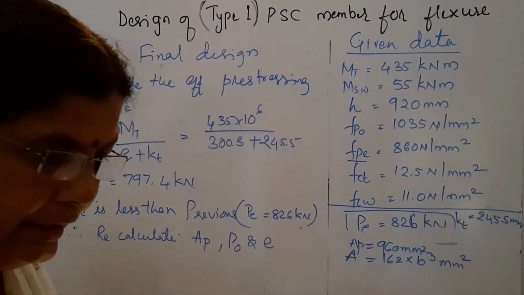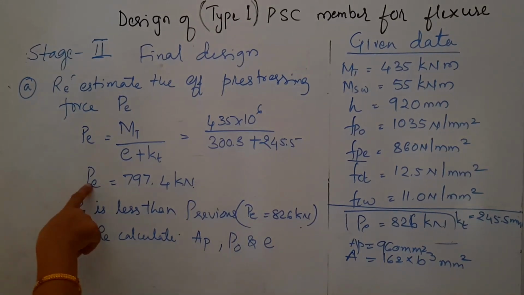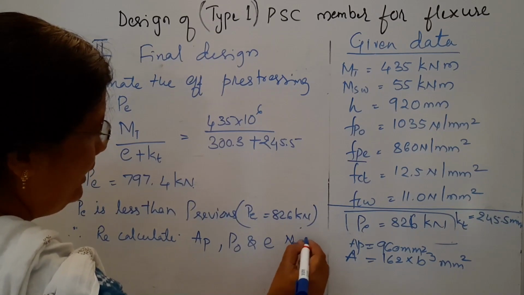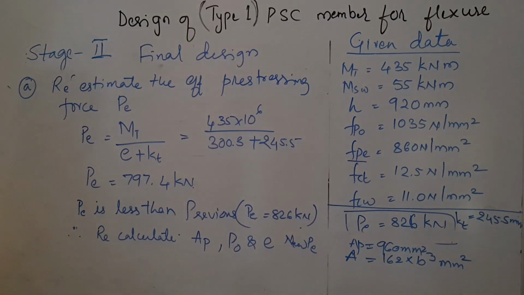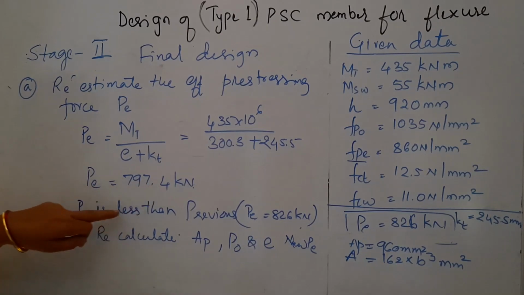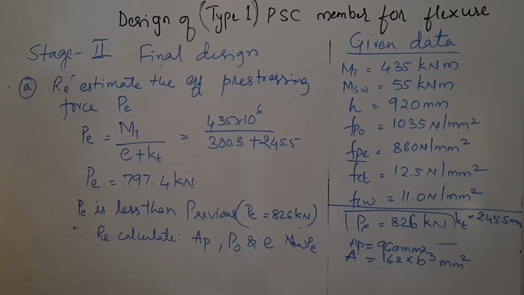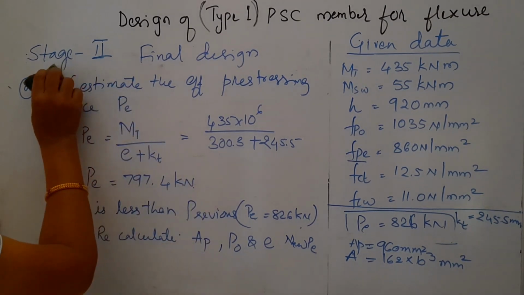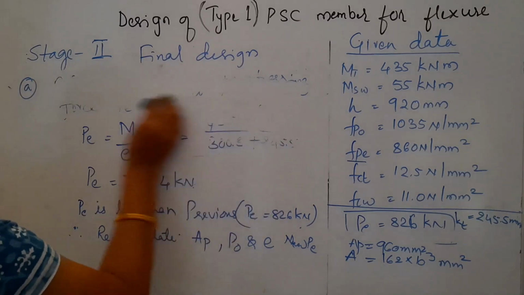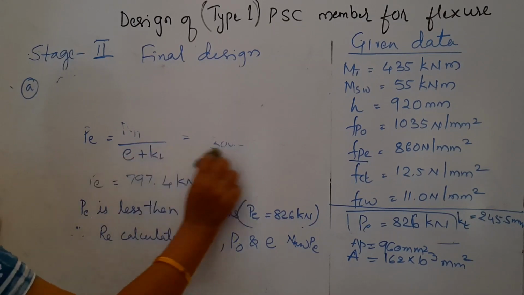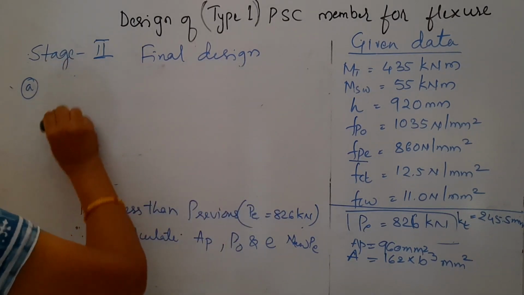Then we compare with the new PE. We have to calculate these values once again because 797.4 is not equal to 826. If they are equal, then we can stop there. Once again we calculate AP, PO, and these three values in the final design. If these two are equal, then we can stop here and check only the area of section.